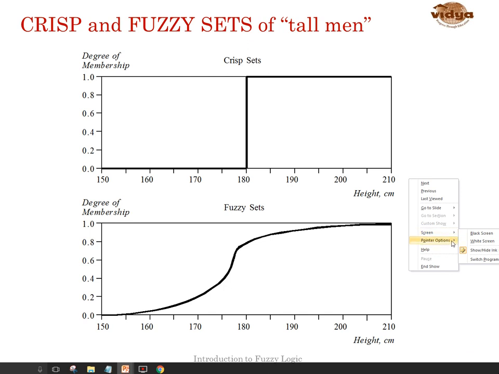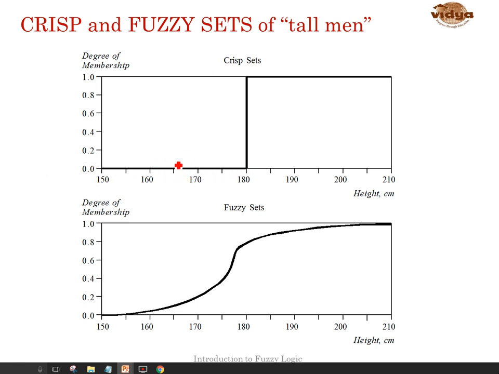Now, coming to the other point of discussion: take a tall man. Here, beyond 180 centimeters, we say that it is a tall man, and less than 180 is not a tall man.